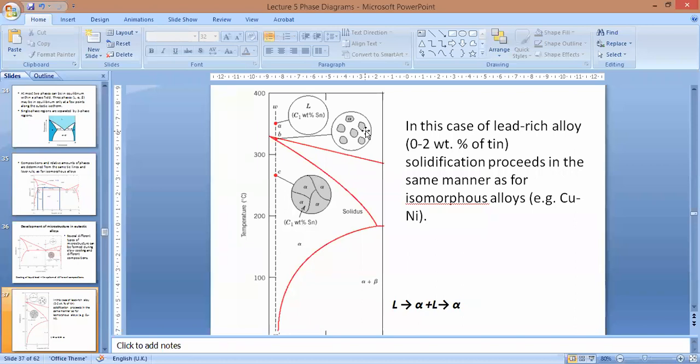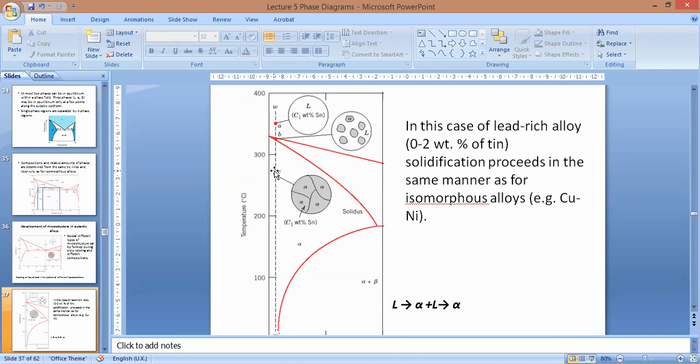There's the alpha solid and the beta solid. Here we're in this alpha region, so the solids in question are the alpha solids. At point B, it's intermediate, you have a mixture of solid and liquid: liquid plus alpha particles.